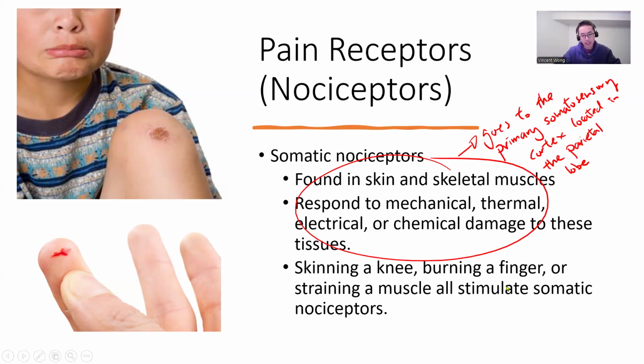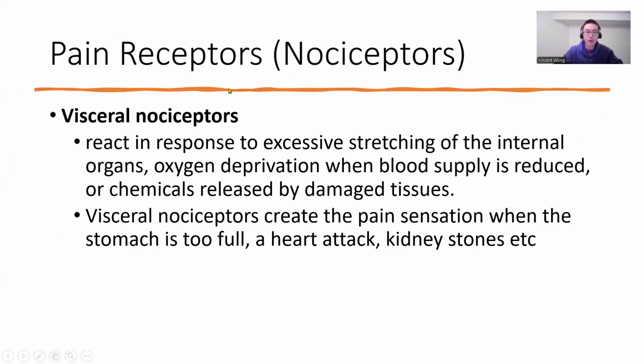So here are some examples of the type of injury that would result in triggering the somatic nociceptors. But that's, of course, not the only kind of pain that we experience. There is pain that originates from the core of the body, more from internal organs, for example, and those are picked up by visceral nociceptors.